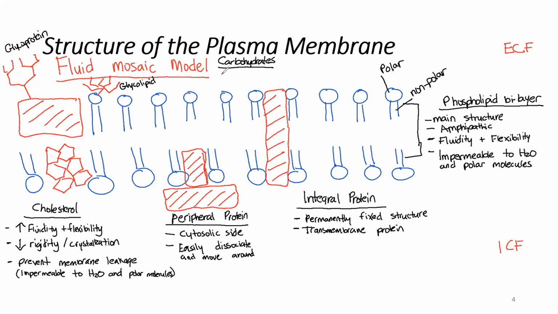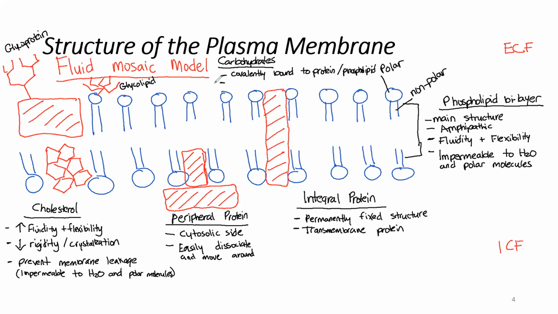And so these carbohydrates, we said, are covalently bonded to proteins or phospholipids. And these help with things like cell tagging or cell identification.